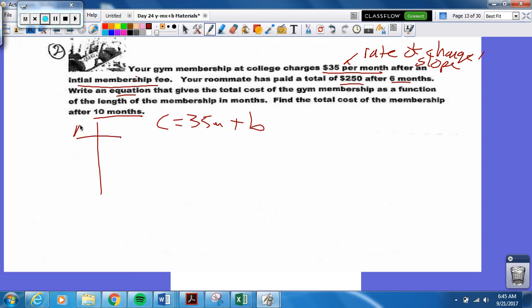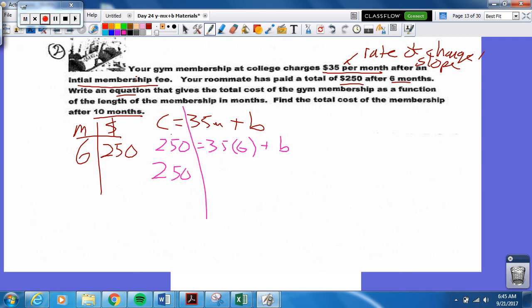The point would be months and dollars. The point is going to be after 6 months, it's $250 for the gym membership. Okie dokie. So I'm going to put $250 here for the cost, $35 for 6 months plus that initial fee I'm trying to figure out. So $250, 35 times 6, no problem, is $210 plus b.